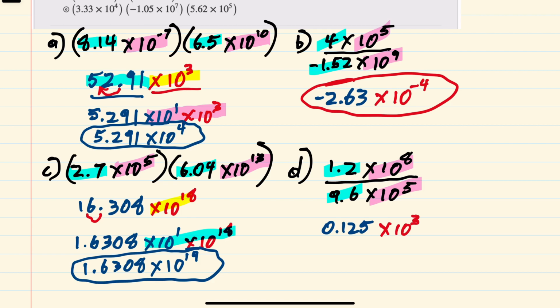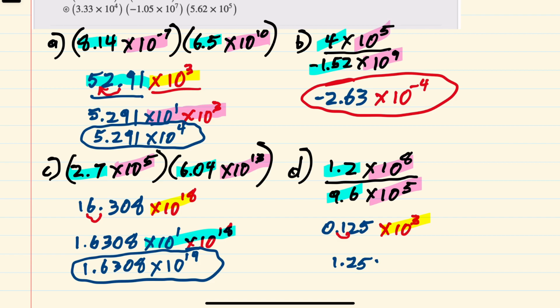And again, this is not quite scientific notation because I need a non-zero number in front of the decimal. So I need to move this decimal forward one spot to make it 1.25. And since the problem here, as I'm ignoring the second part, turning the blue portion into a scientific number, it was too small.